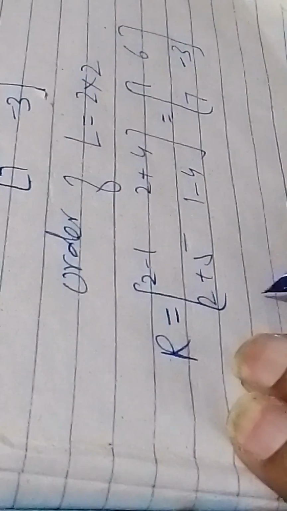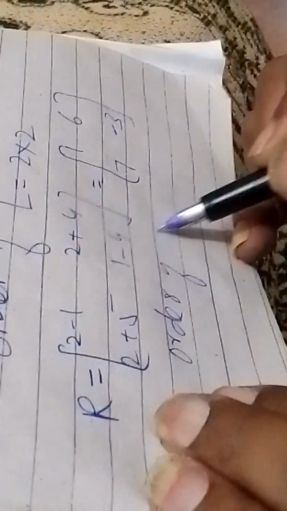You can see L and R have same corresponding entries, and also the order of L and R is same. Order of R is also 2 rows and 2 columns, 2 cross 2. Therefore R equal to L. These two are equal.